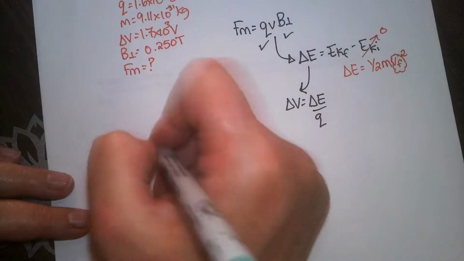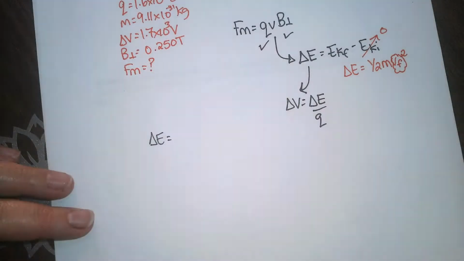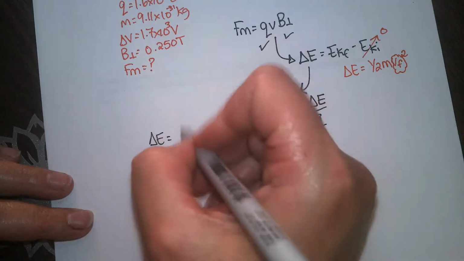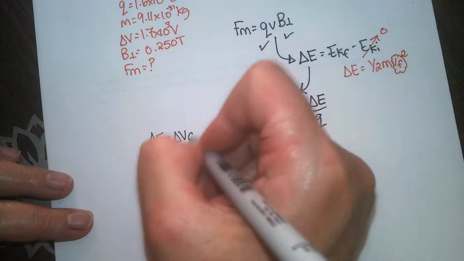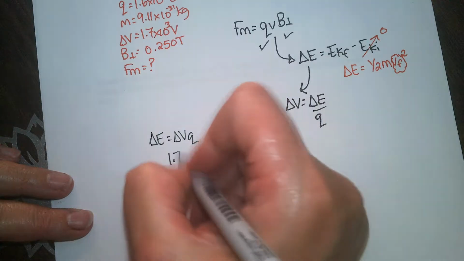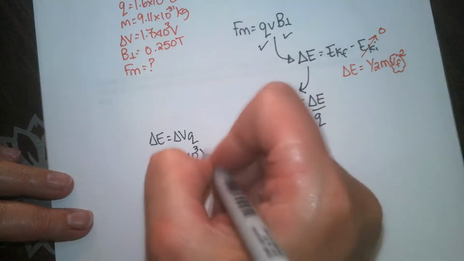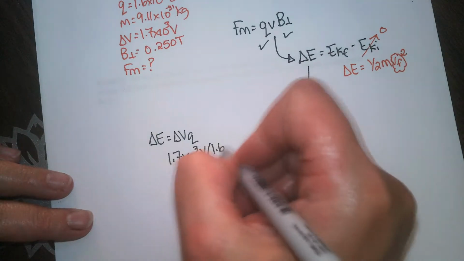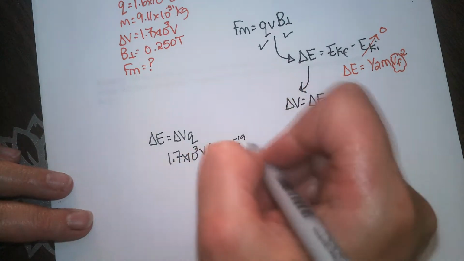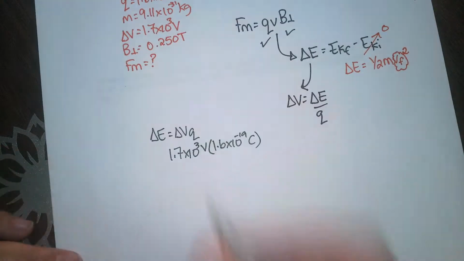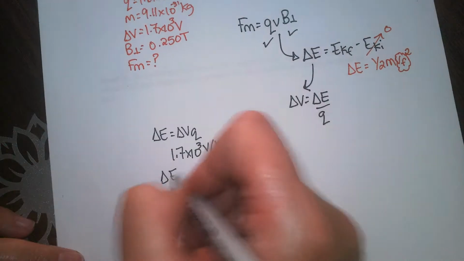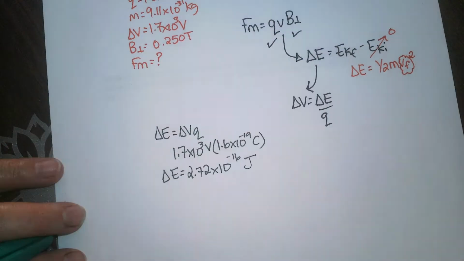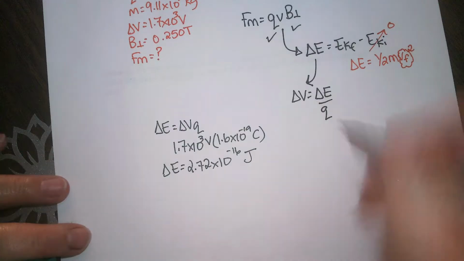So delta E is going to be equal to delta VQ J. Okay, now I can figure out EKF.